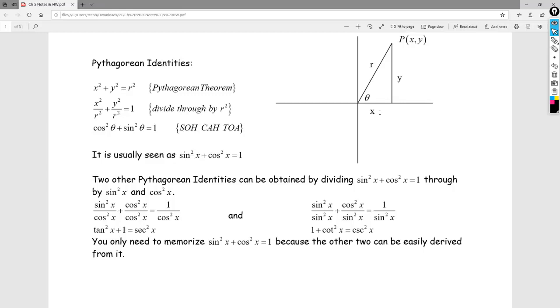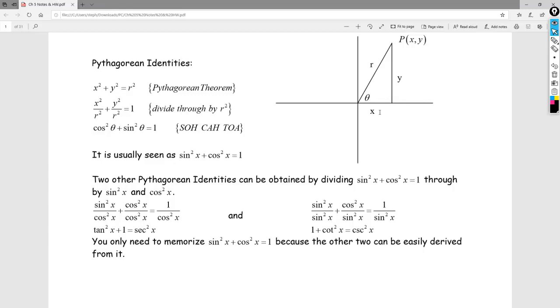And as we remember, cosine relates to x, sine relates to y. Cosine is adjacent over hypotenuse, and sine is opposite over hypotenuse, and that's exactly what x squared over r squared and y squared over r squared represent.